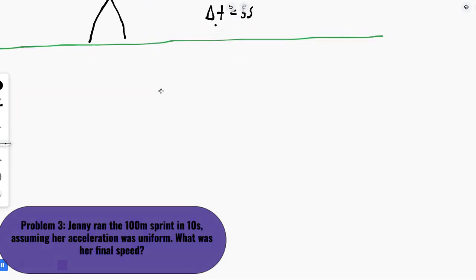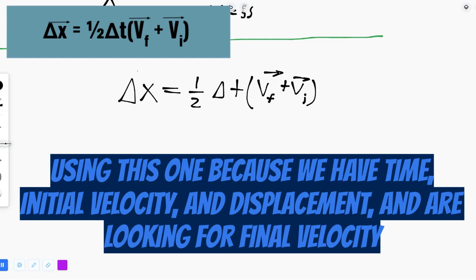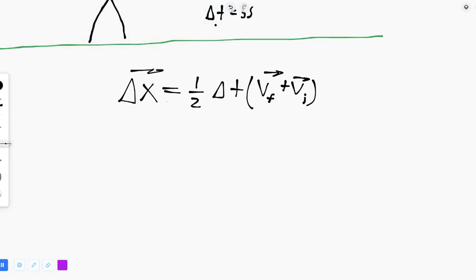So the one we're going to use is delta x equals 1/2 delta t. And then remember these brackets. You always got to do the brackets. Plus VI. Okay, and then draw on the arrows. So basically what this is saying is that displacement is going to equal average velocity times time.